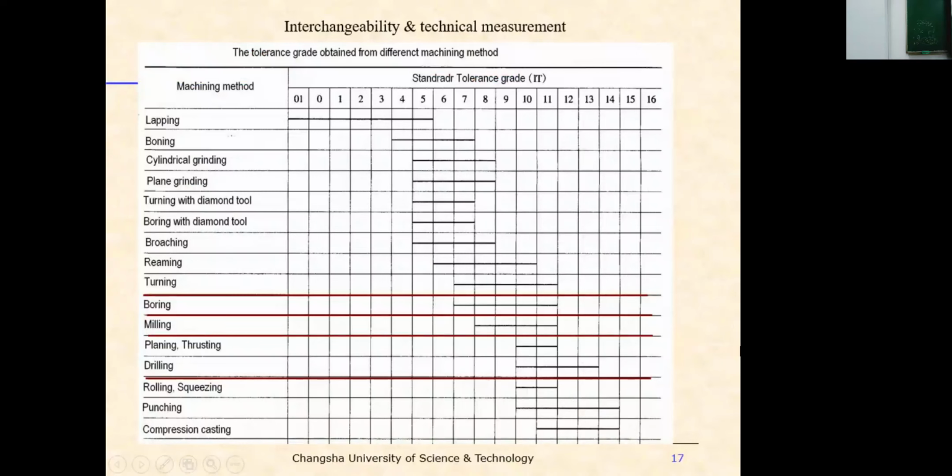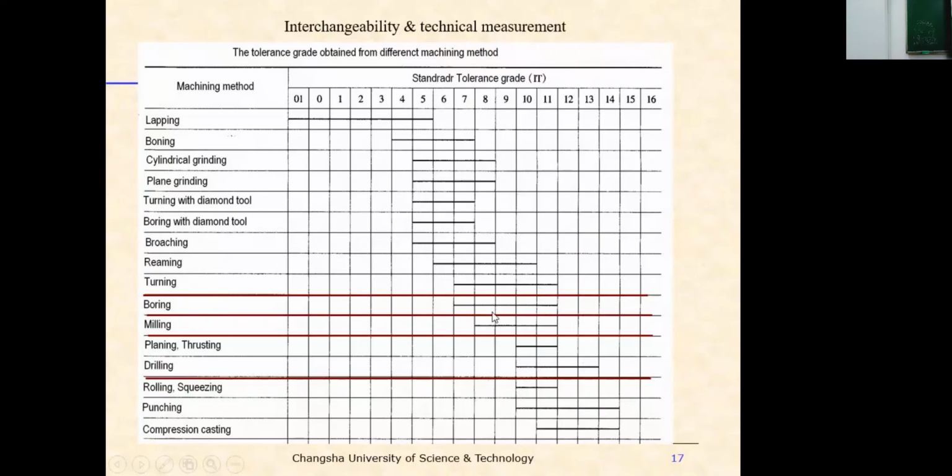So this is the tolerance grade obtained from different machining methods. Usually we just use turning. Turning is IT7 to IT11. Boring is also IT7 to IT11.